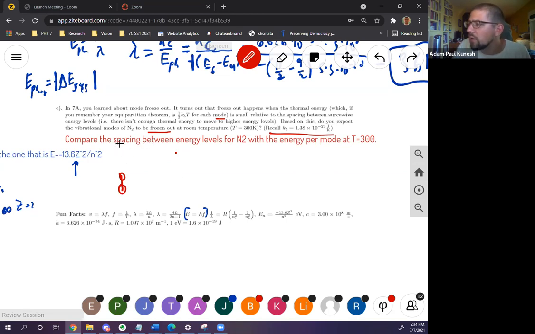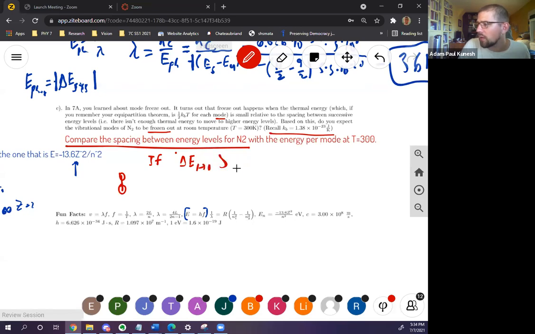The spacing between energy levels for N2 is how much energy it would take for my N2 to start vibrating, for those vibrational modes to be active. So if delta E from 1 to 0 is greater than 1/2 kBT, the energy per mode, then no vibration.